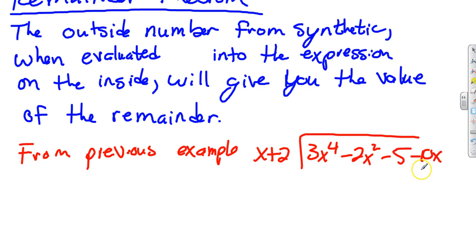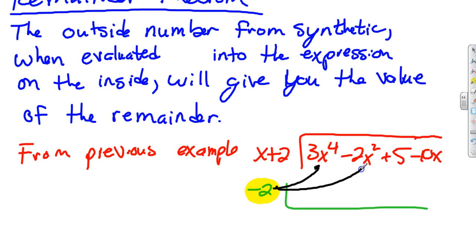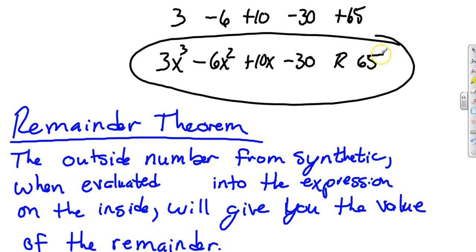Was the 5 positive? Okay, so it was positive. So that was the original problem that we had. And again, we were taking negative 2 and dividing it into this thing. But here's the key thing that we need from this one: we use negative 2, right? So what it says is that if we take this negative 2 and plug it back into each one of these x's and work it out, then if we do this correctly, the answer we get when we plug it back in should be the remainder of 65.